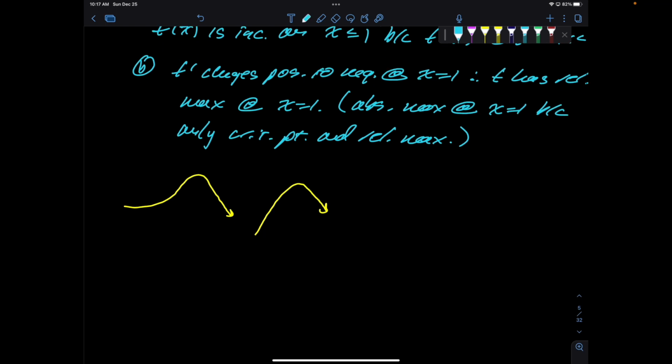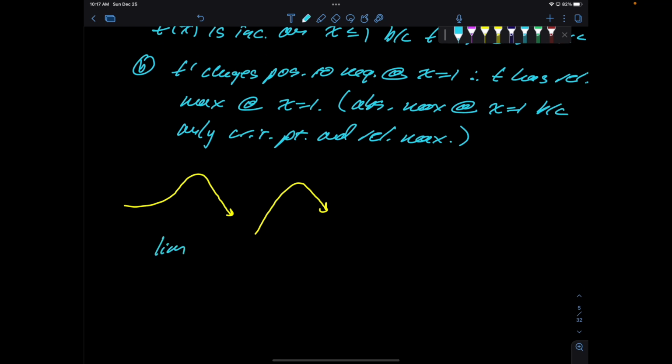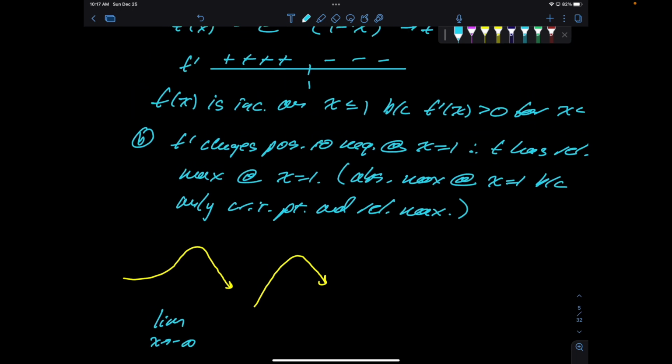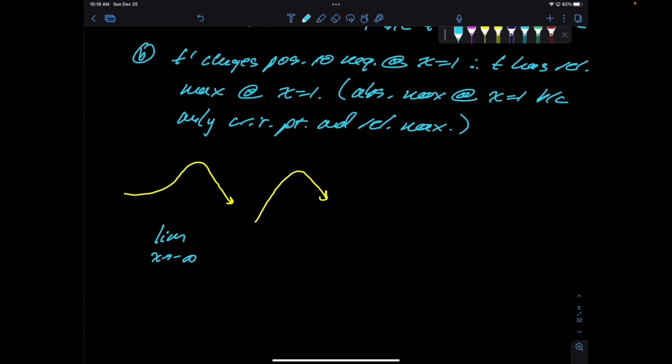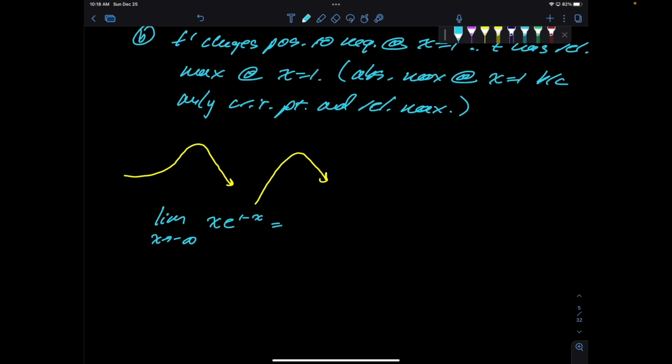So let's do the limit as x approaches negative infinity of, what is our function? x e to the 1 minus x. That's infinity times e to the negative infinity, that's 0, I'm pretty sure.